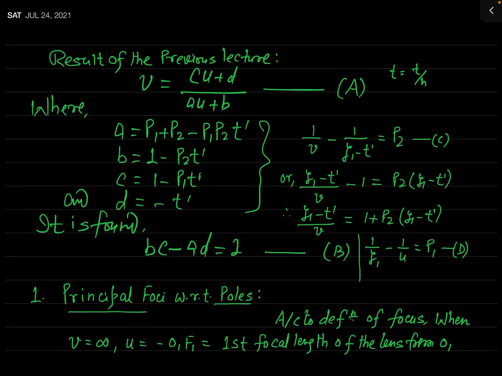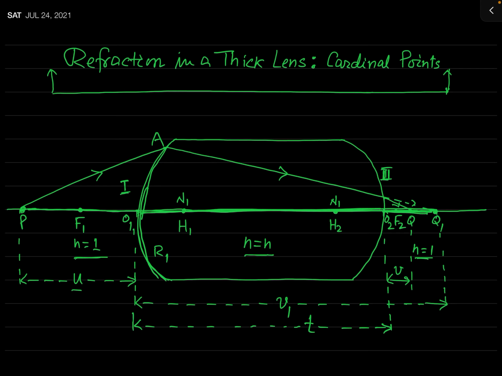You definitely have an idea of the definition of the focus of a lens. According to the definition, a lens has two foci, and the first focus is defined in this manner: if the image is formed at infinity, then the position of the object determines the first focus of the lens. So if v is equal to infinity, then u will be equal to minus O1F1. You can see the figure.